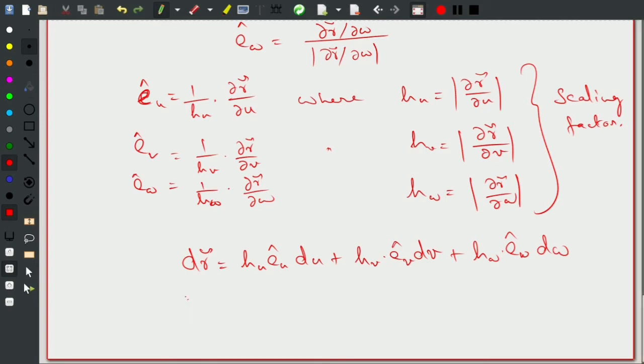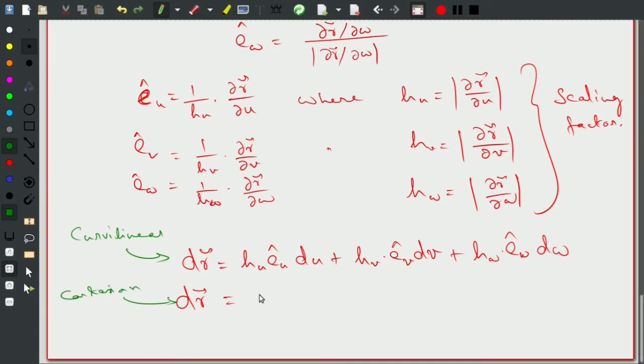So this is for the case of curvilinear system, and it is similar to the Cartesian system, where instead of h u e u we have i cap.